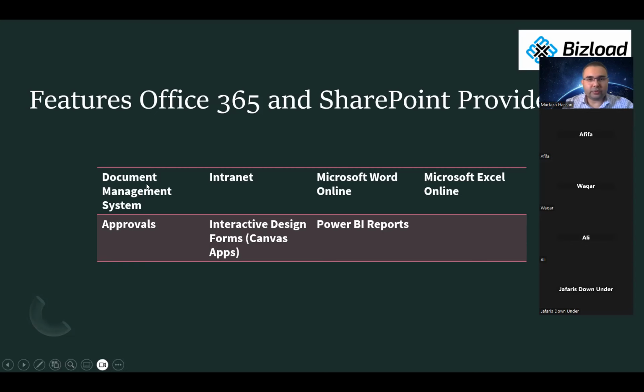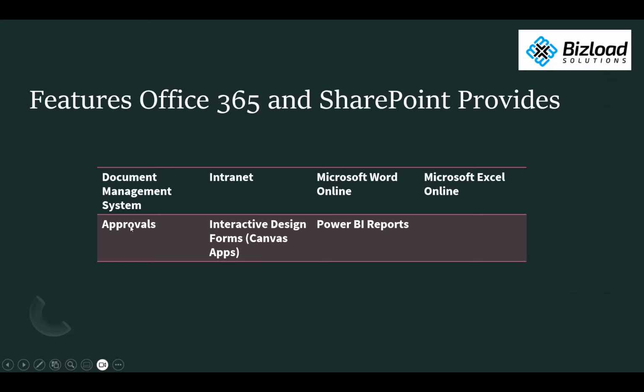So Office 365 has a document management system, intranet site, Microsoft Word Online, Microsoft Excel, and you can do approvals in there as well. It's got interactive design, forms, and Power BI reports.